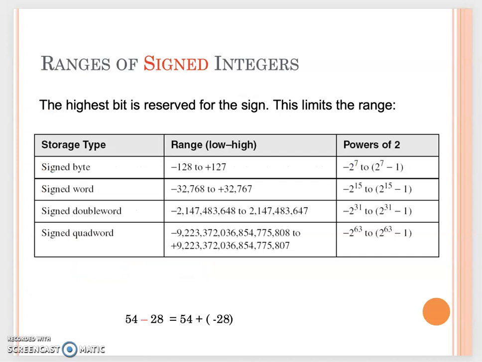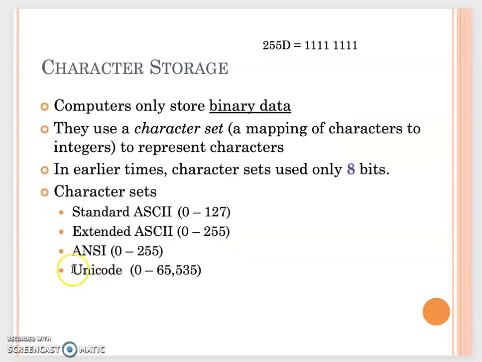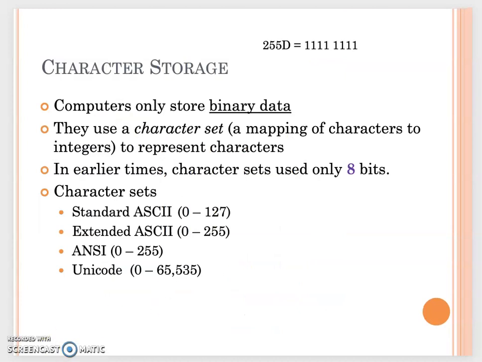Remember the value we showed you in the unsigned world? With 2 bytes we go up to 65,000 something. That's why when we're using 2 bytes, we call that a Unicode character, which can support multiple language character usage.